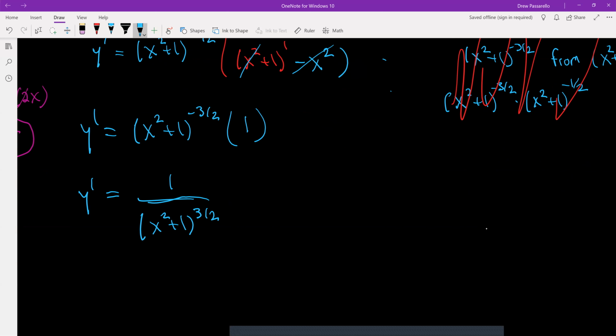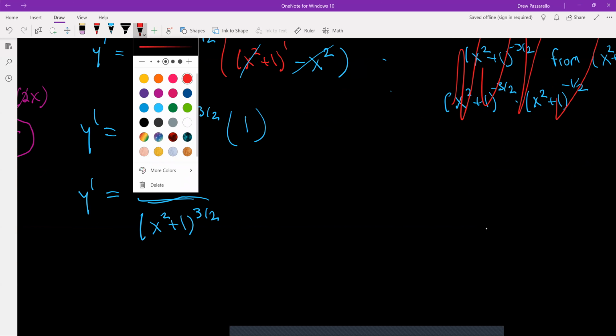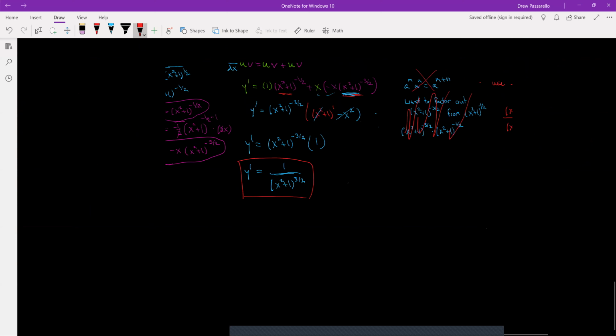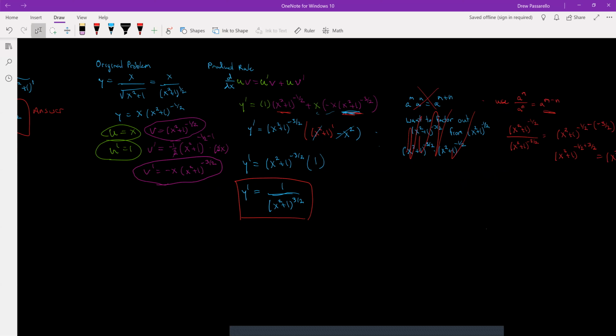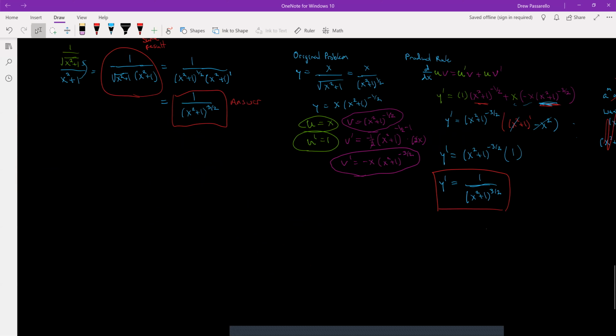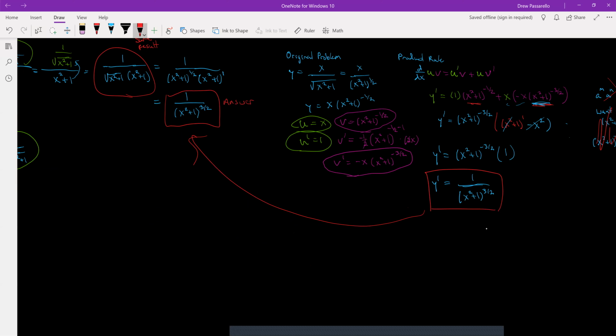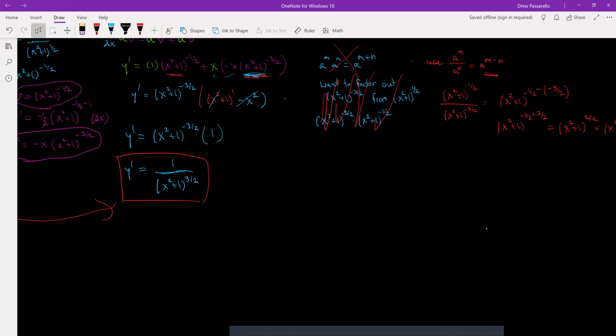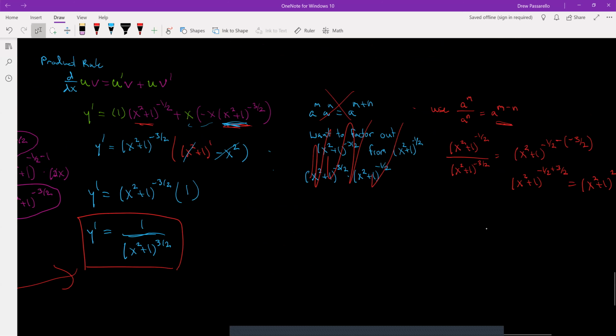So that should be the same answer as what I had using the quotient rule. All right, and it came out to be the same answer, right? Those are the same. And these are the steps right here. You want to just ignore this part.